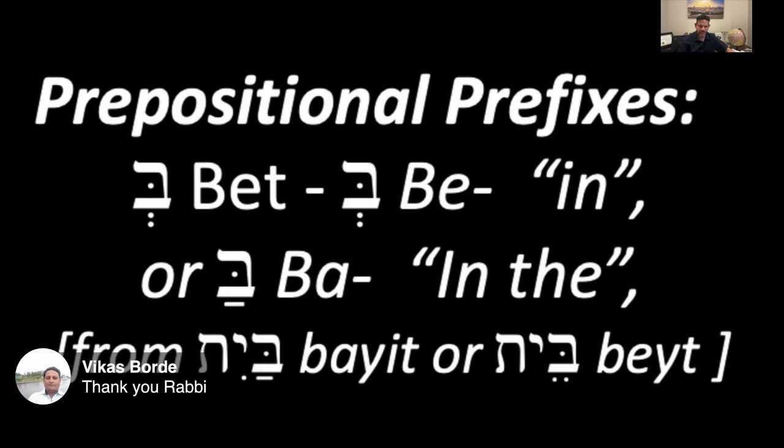Sounds just like the letter beit, right? So house is bayit, and the letter beit looks like a house. How do you say house? Bayit. Sounds like a bite of food.